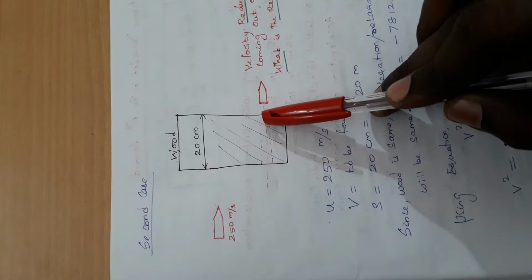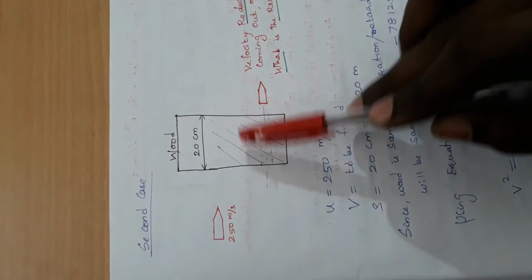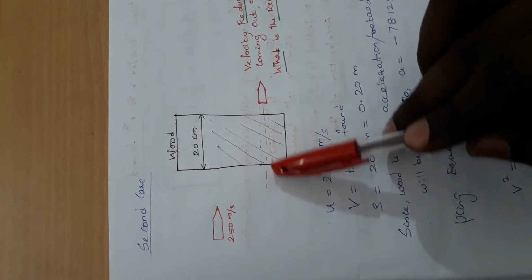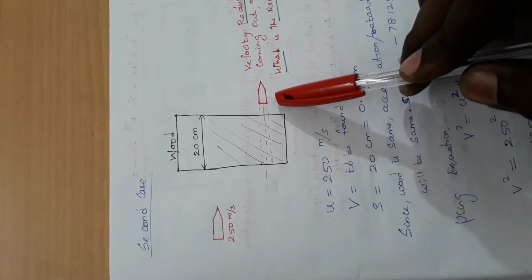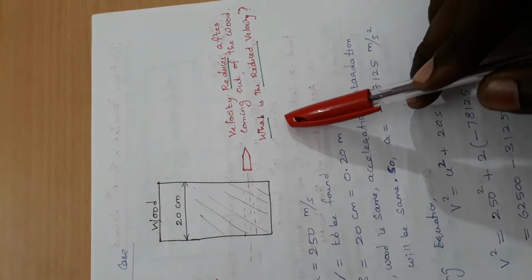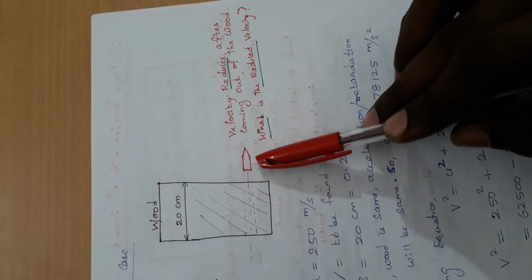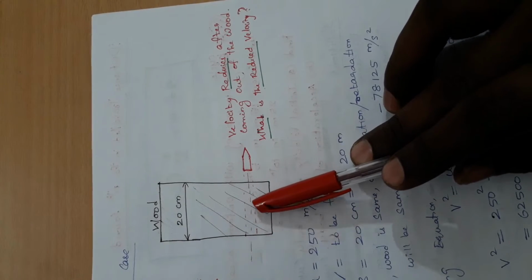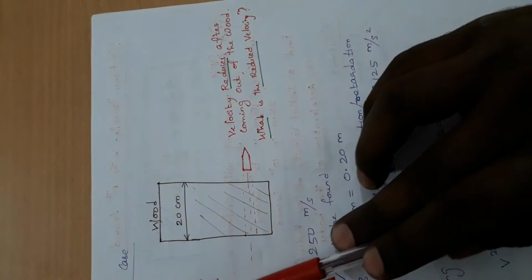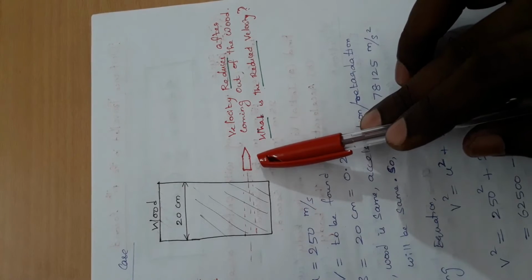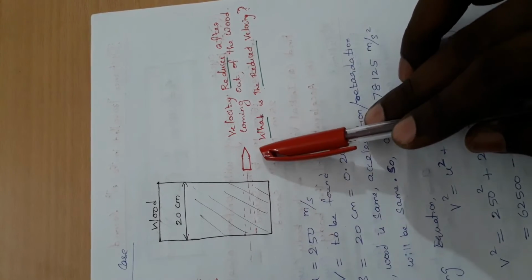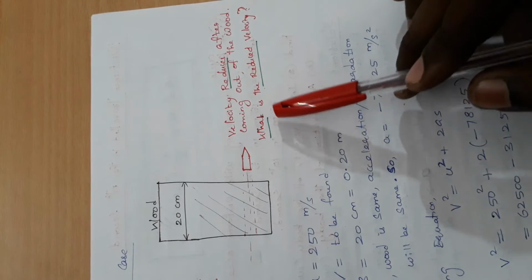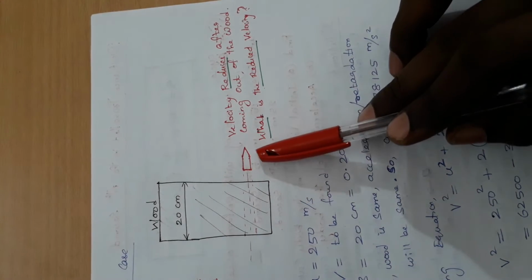Once it comes out of the log of wood, naturally the velocity of this bullet would be reduced because it comes out after a great resistance. So its velocity will be slightly lower after this log of wood. So the question is, what is the velocity of the bullet after it comes out of the wood?